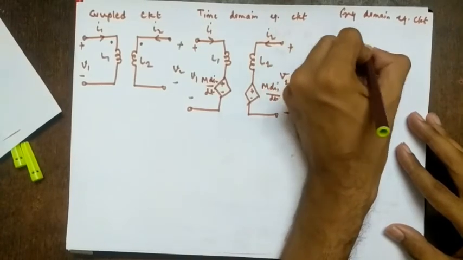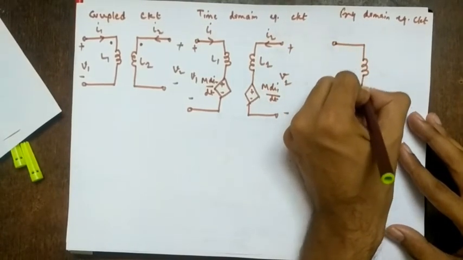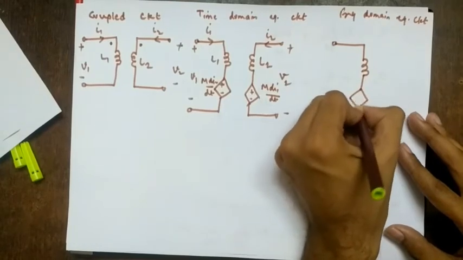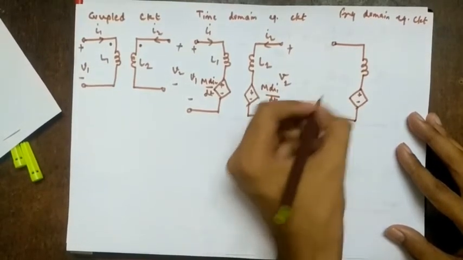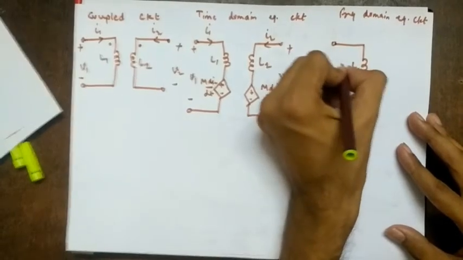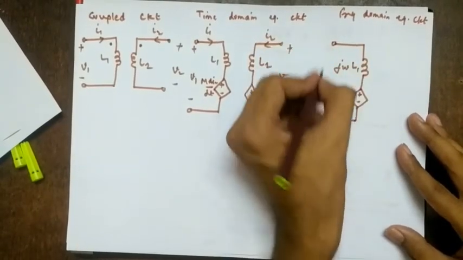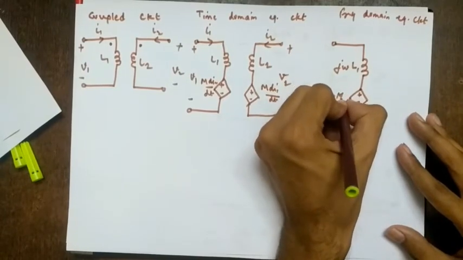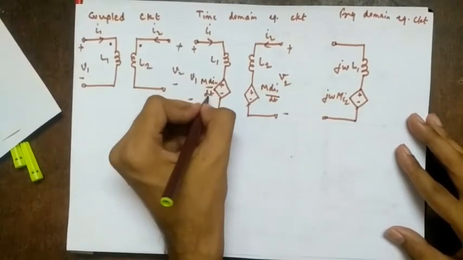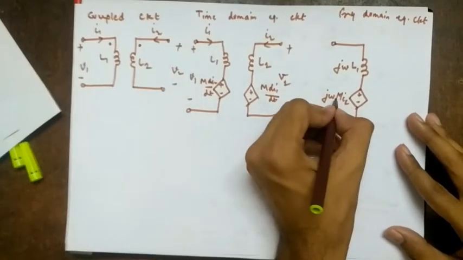If I draw the frequency domain network, this is plus minus. This is now j omega L1. So this will be what? J omega M I2. So d by dt is also j omega.